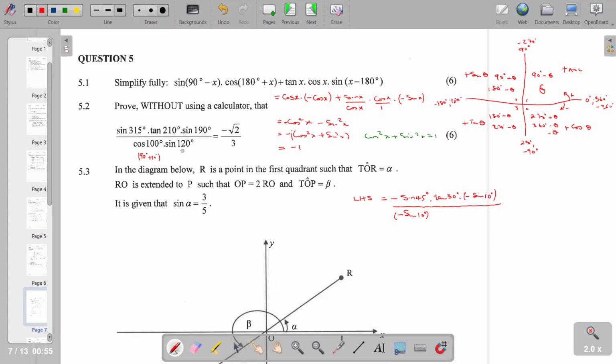Then 120. If we check 120, it's in which quadrant? 120 is between 90 degrees and 180. So it's in the second quadrant. So how do we write the angle in the second quadrant?